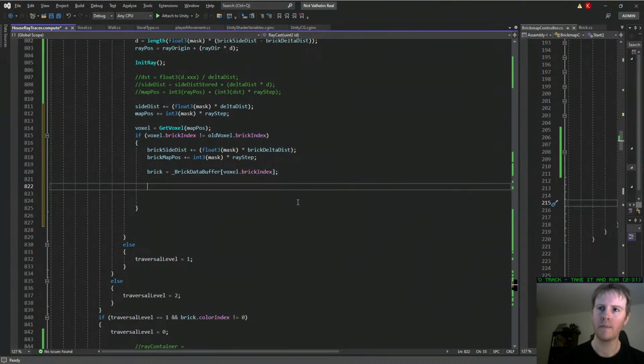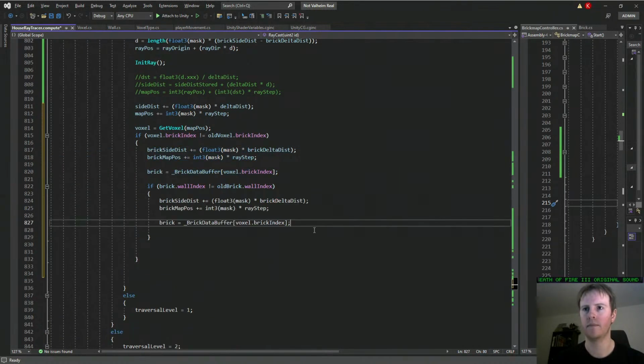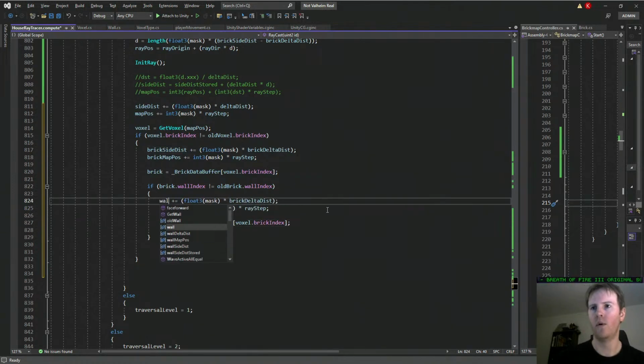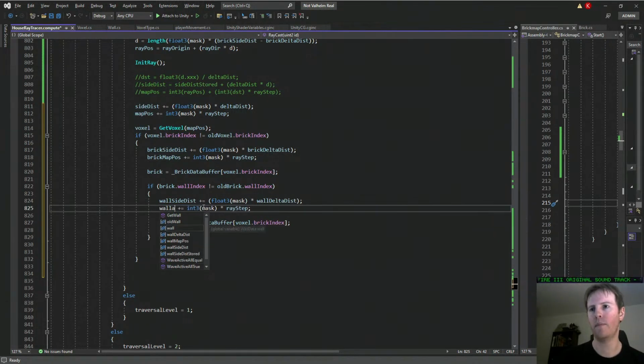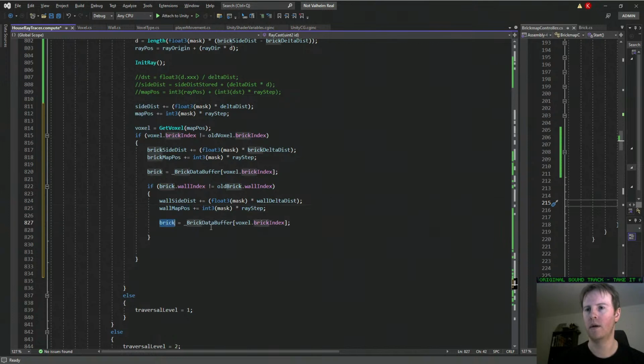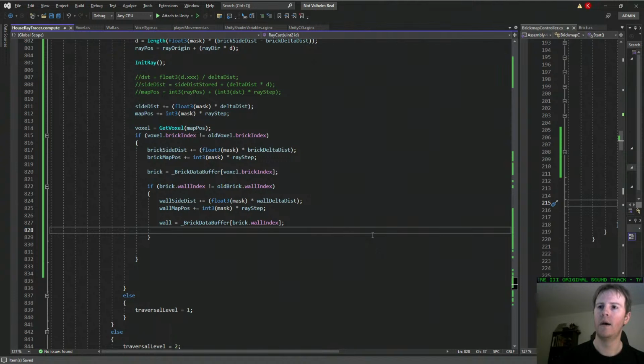And then we do if brick dot wall index does not equal old brick dot wall index, then wall side dist, wall delta dist, wall map position, wall equals brick data buffer voxel brick dot wall index, and then we set old wall equals wall.